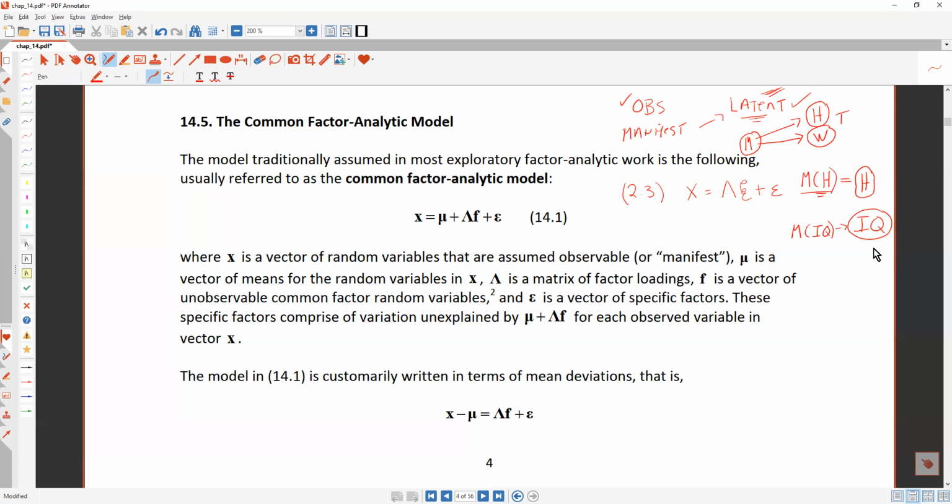When we talk about variables like IQ, nobody has any problems with calling that a latent variable. So it's unobservable. You're walking around, you're observing nature, and the argument is that IQ is just not something you can see directly. In other words, it has to be basically inferred based on other observable variables.